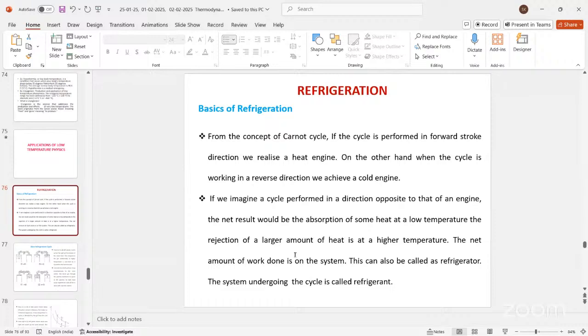The rejection of a larger amount of heat is at a higher temperature. So the net amount of work is done on the system. This can also be called a refrigerator. The system undergoing the cycle is called the refrigerant.